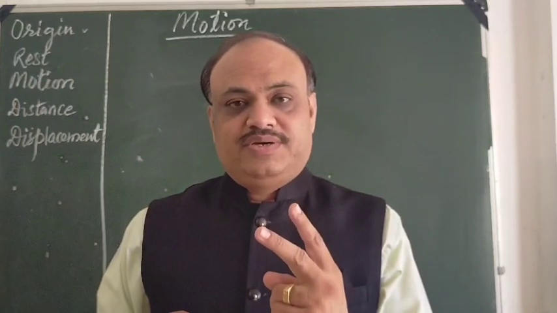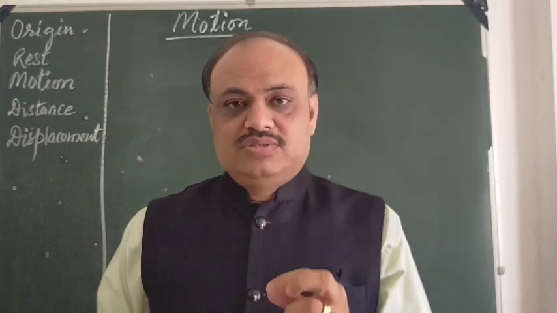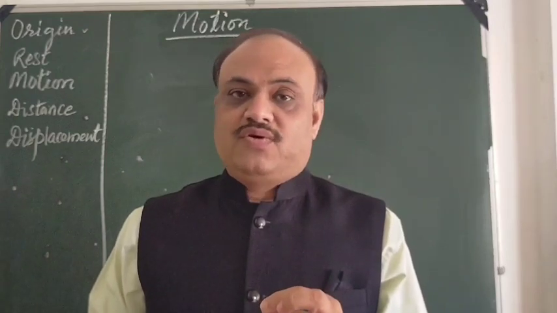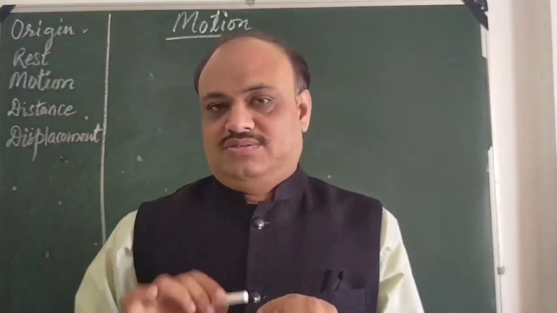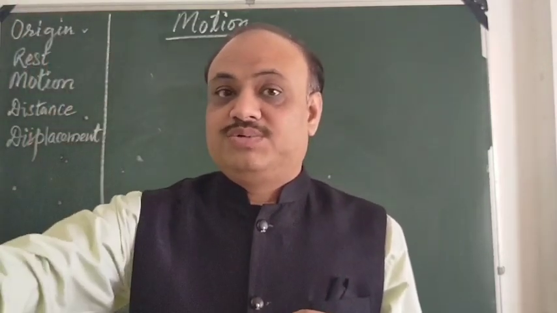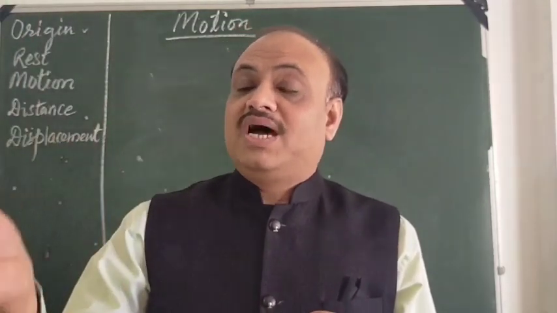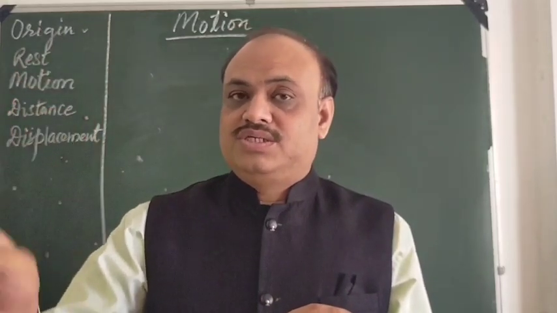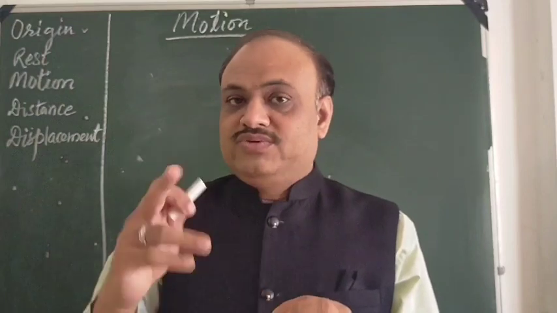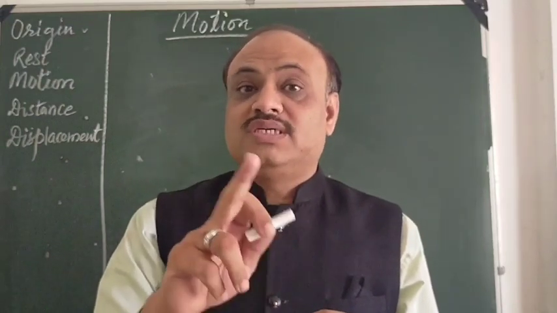Another statement. My house is 20 kilometers away from Sham's house. So now the origin has changed. Now it has become Sham's house. I will start measuring the distance from Sham's house to my house. That is why I have used the words chosen reference.